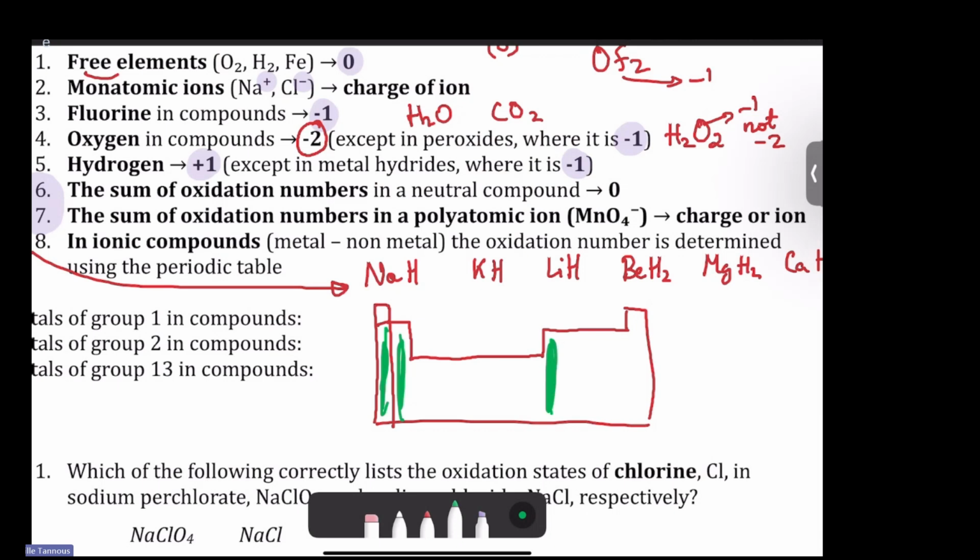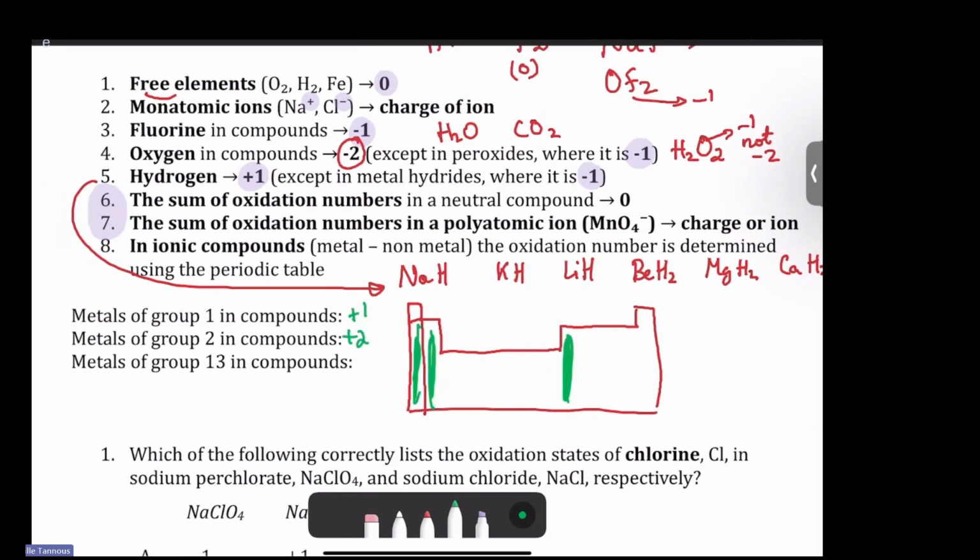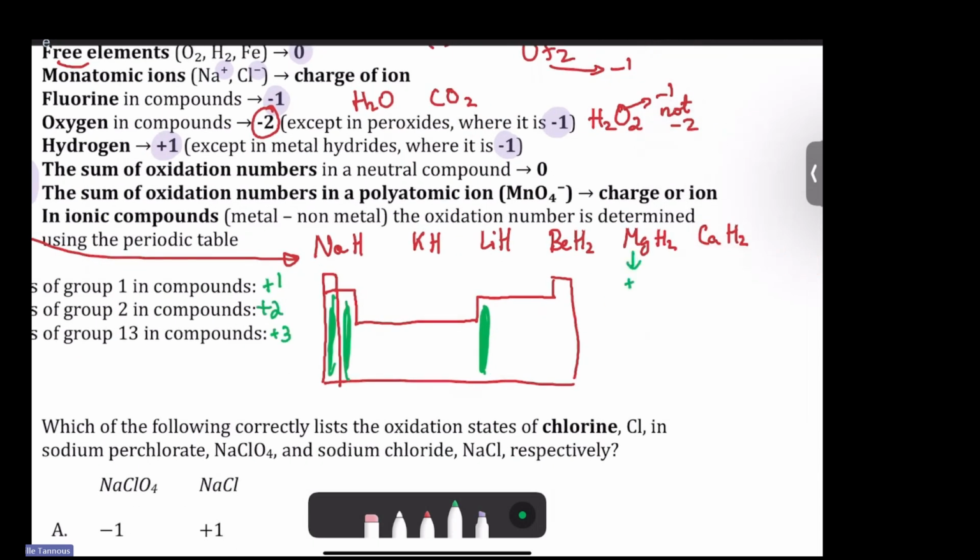Metals of group 1 have a fixed oxidation number of +1. Metals of group 2, +2. I'm talking in compounds. And of group 13, +3. In compounds, those are fixed. Here Mg is +2, fixed. K is +1, okay?